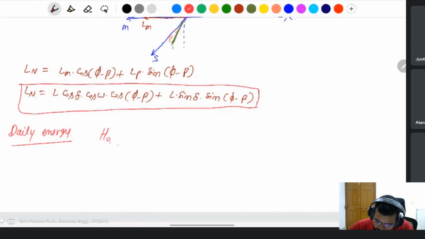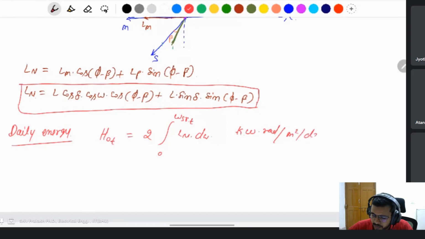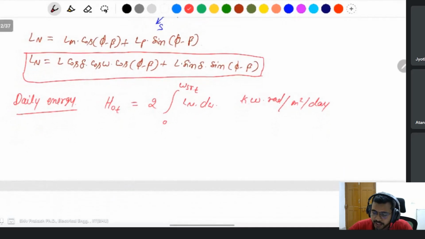I will determine the energy on the tilted surface with the same formula, from 0 to omega sunrise, taking Ln as tilted, into d omega, in kilowatt-hours per meter square per day. You can calculate the radian into hour by multiplying by 12 by pi.